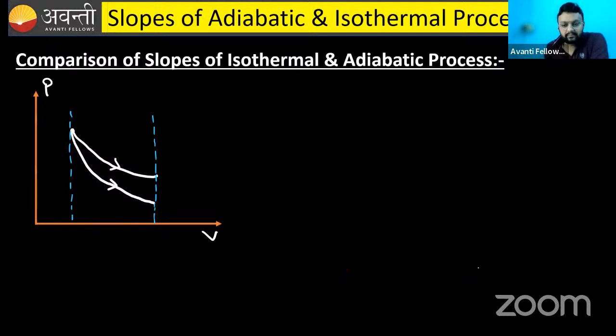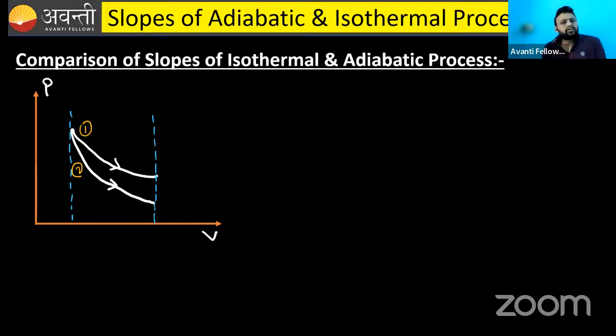Can anyone answer? That out of these two graphs, which graph is representing, for example, let's suppose this is graph number 1, this is graph number 2. Which graph is representing isothermal process and which graph is representing adiabatic process?